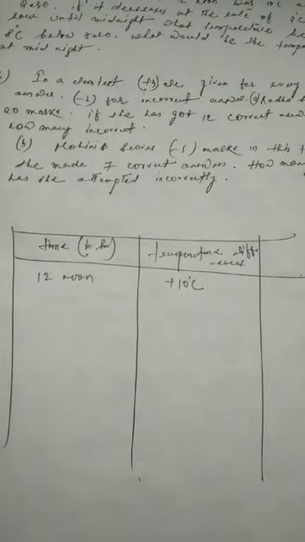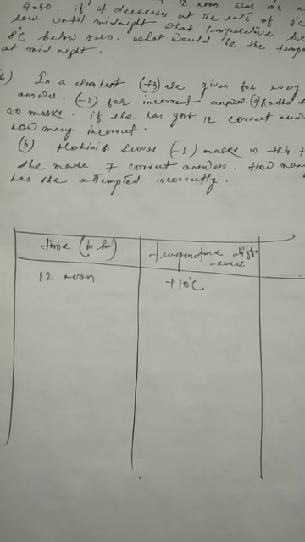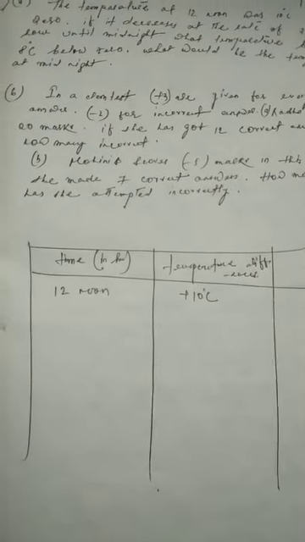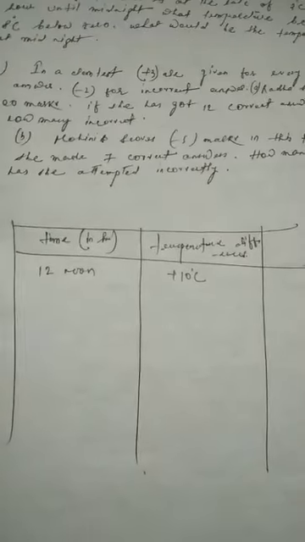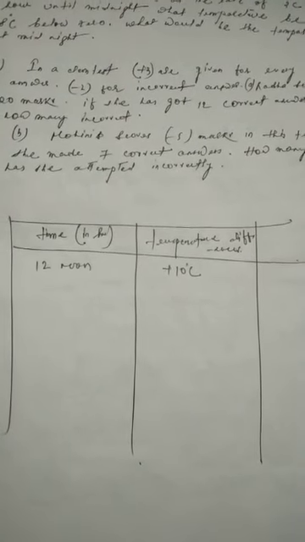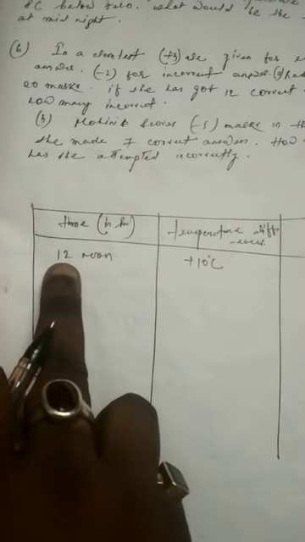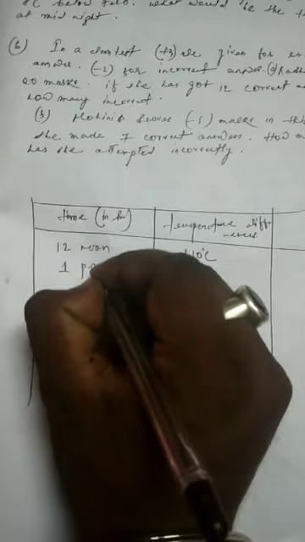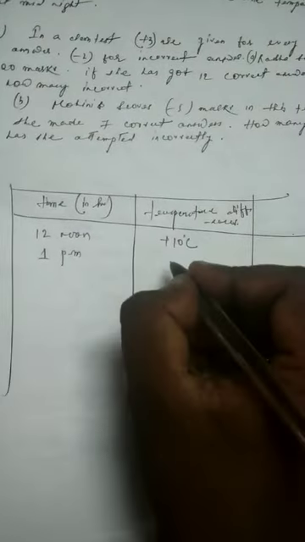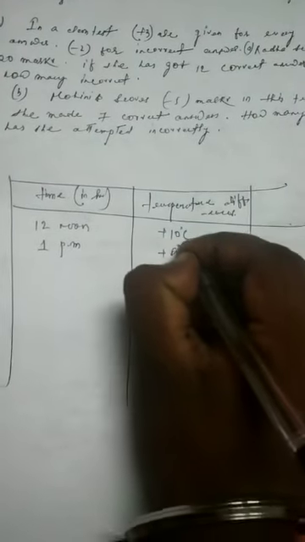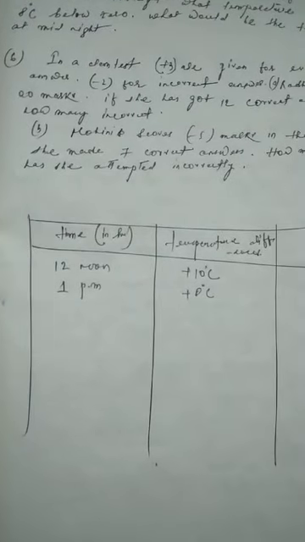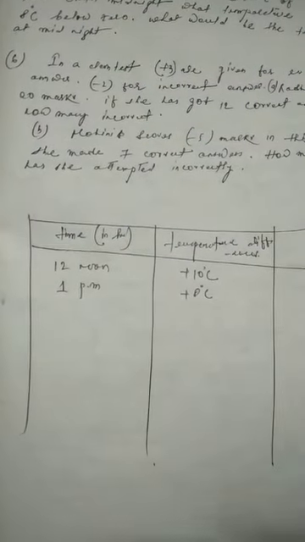And if it decreases at the rate of 2 degrees Celsius per hour until midnight, from 12 noon till 12 at night, the temperature decreases 2 degrees Celsius every hour. Why? Because it decreases 2 degrees Celsius every hour.